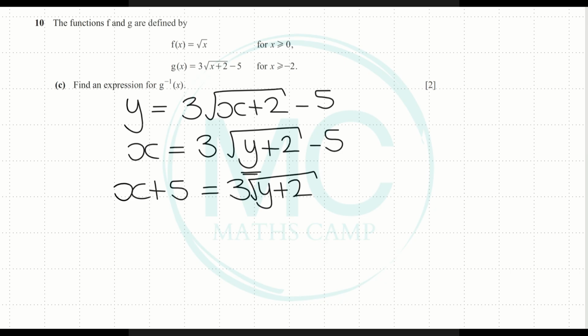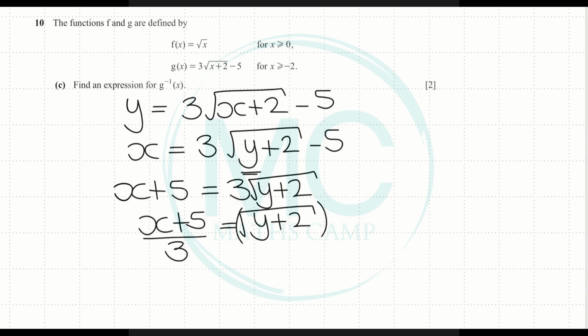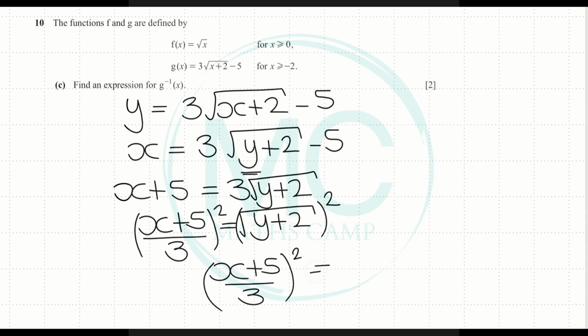To get y by itself, we need the root to be by itself. So we need to divide both sides by 3. So x plus 5 over 3 is equal to the root of y plus 2. Next, we need to get rid of the root, so we can square this side, which means we square this side. And on the left, we now have x plus 5 over 3 in a bracket squared is equal to, on the right, the root and the square will cancel.